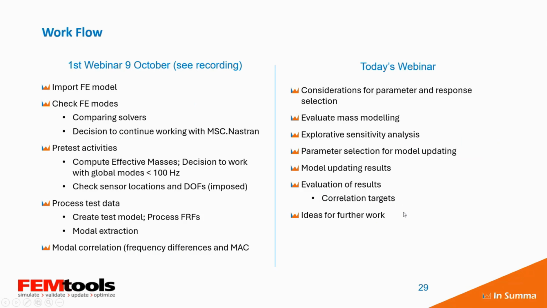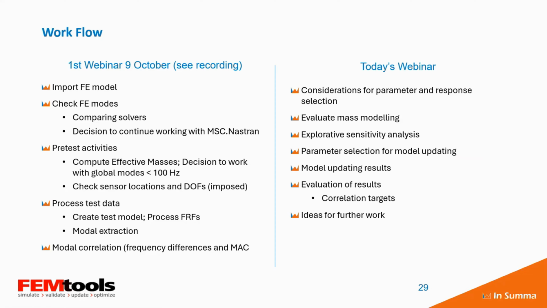So in the webinar of October 9th, we showed the pretest activities, computing effective mass, checking the sensor locations which were imposed. The test is already done, so we just wanted to double check those selections, if they were a good choice. We processed the test data, the FRFs, coming from the test lab.